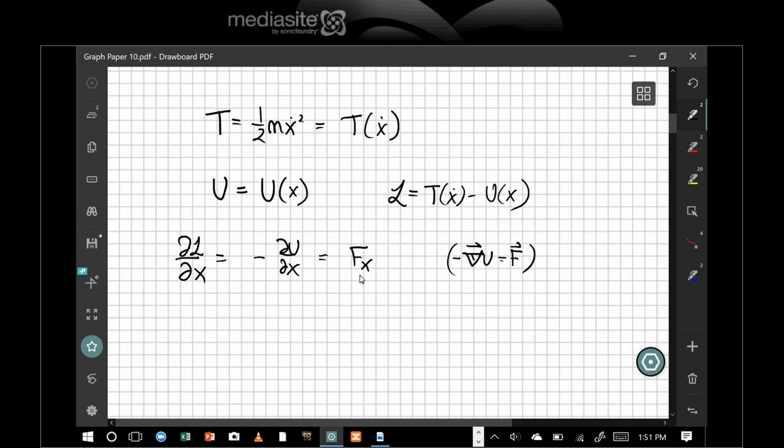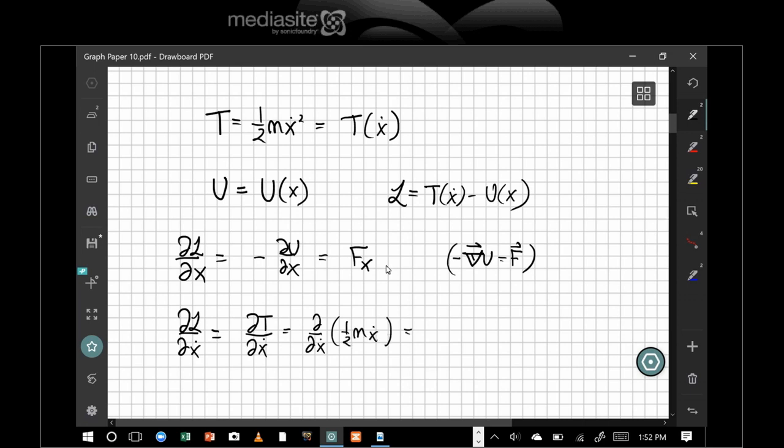What about the other derivative, the partial of L with respect to x dot? That is going to be equal to the partial of T with respect to x dot. So that's the partial with respect to x dot of 1/2 m x dot squared.